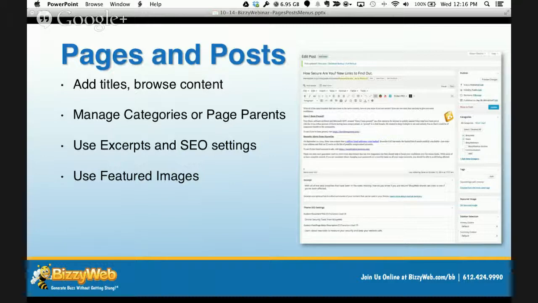And any of your news or your blog posts or your other content, you're going to want to use posts for. With posts, you get categories, and with pages, you get parent-child relationships. So if you had a subpage under the home page, or a subpage under the About Us page, as BizzyWeb does, you would simply add that as a page, and then in the parent-child relationship, you would say that new page is a subpage of the About page, and then that just changes the URL of the page so that it would be, in our example, BizzyWeb.com/about/your page name.